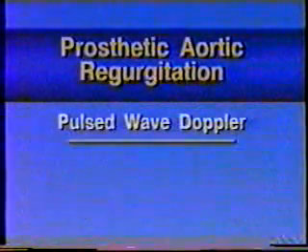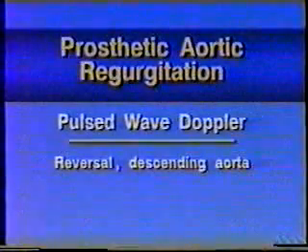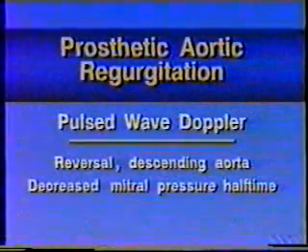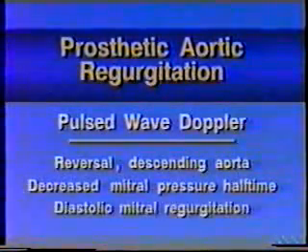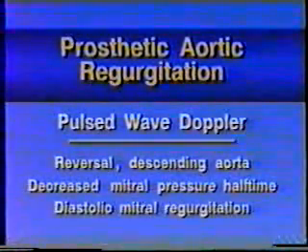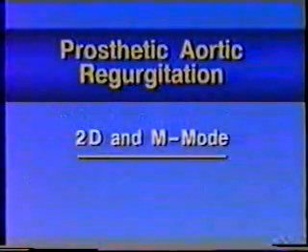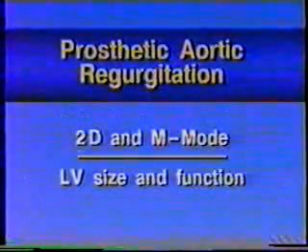By pulsed wave Doppler, we assess the amount of reversal in the descending aorta, and we also check for reduction in the mitral pressure half-time and for diastolic mitral regurgitation. 2D and M mode are used to assess the functional significance of the regurgitation via analysis of LV size and function.